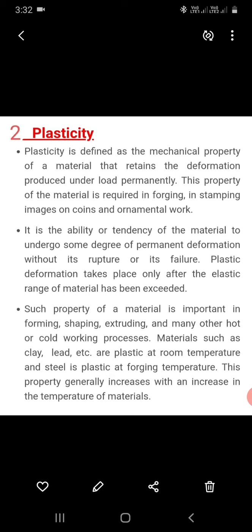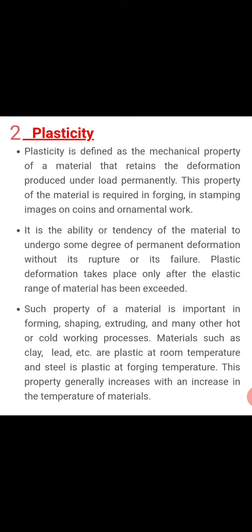It is the ability or tendency of a material to undergo some degree of permanent deformation without rupture or failure. Plastic deformation takes place only after the elastic range has been exceeded. Such a property is important in forming, shaping, extruding and many other hot and cold working processes.